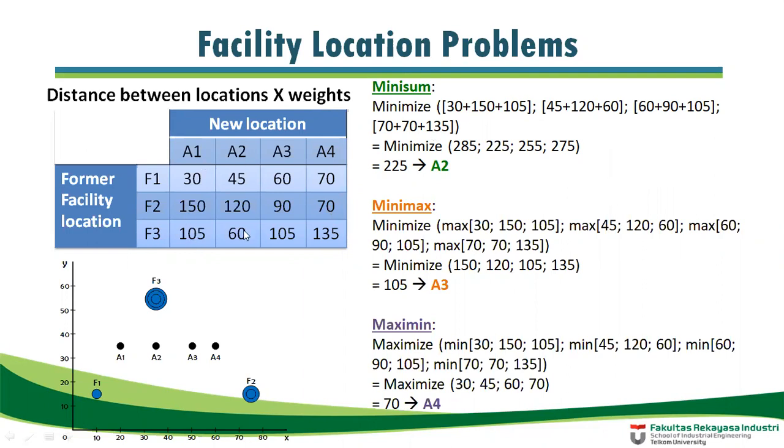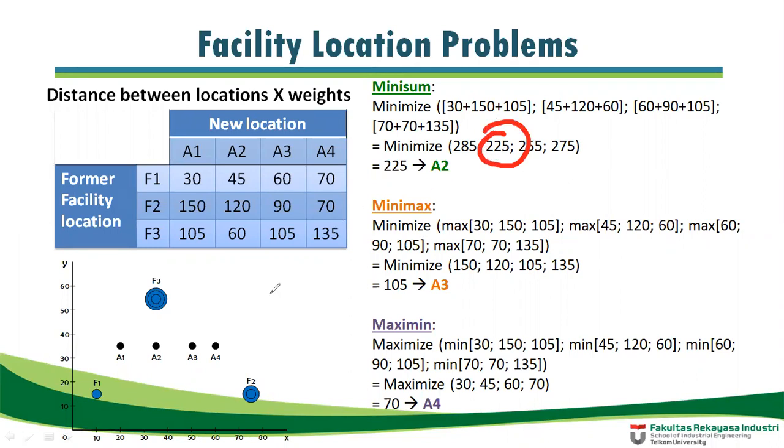Just add all the columns in the new locations. I repeat again, just sum up the numbers in each column for all the alternatives, from A1 to A4. After we do the addition for every new location, just find the minimum number. The minimum number is located in A2, which has 225.